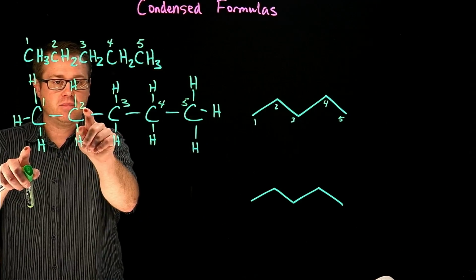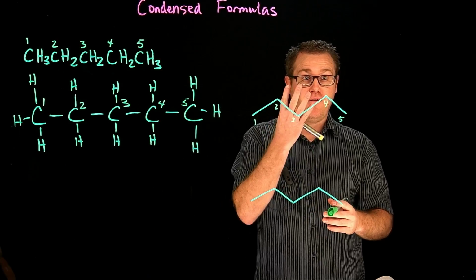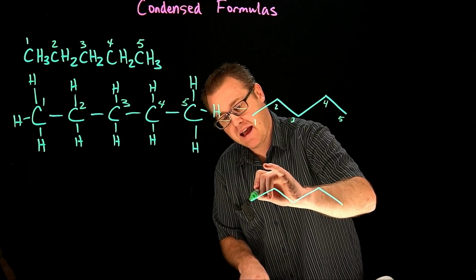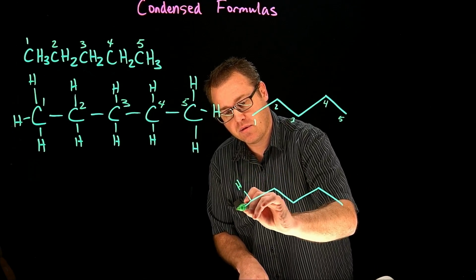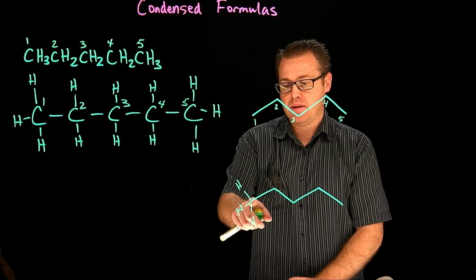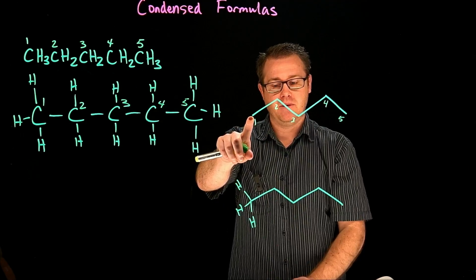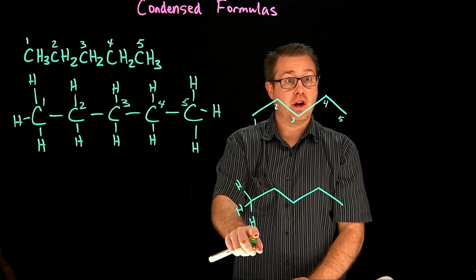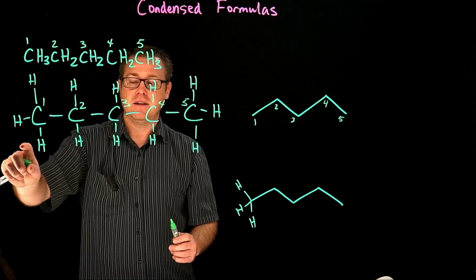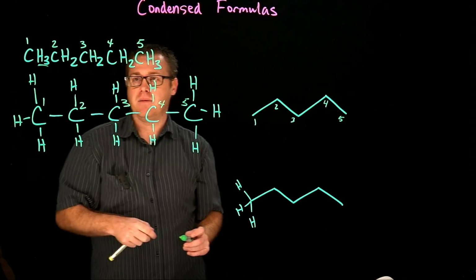But we know that carbons need to have 4 bonds. So at carbon 1, we would have to have 3 other hydrogens attached, because as shown in the zigzag, it only has 1 bond to carbon 2. There are 3 hydrogens that are not shown, and we see the 3 hydrogens shown there in the Lewis structure.